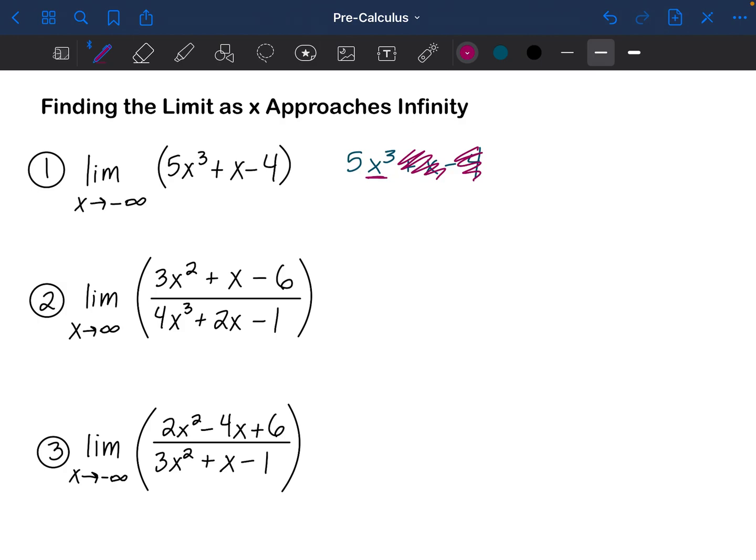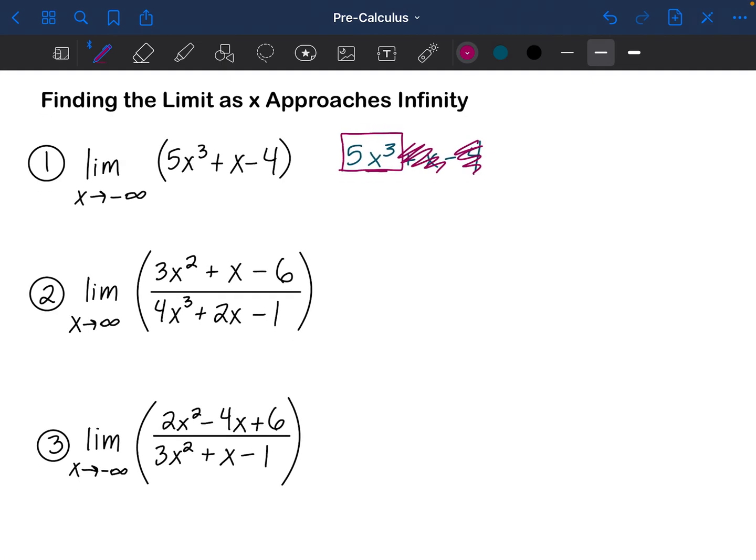So now we can just look at this leading term and think about what's going to happen to that if I plug in a really, really big negative number, right? So if I were to plug in negative a billion, well, it's going to get really big, and it's going to stay negative.